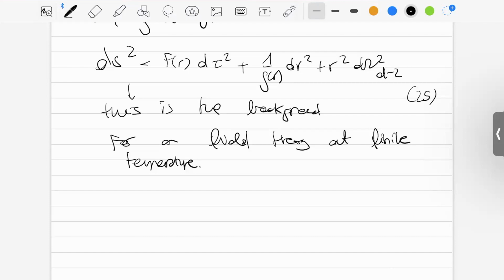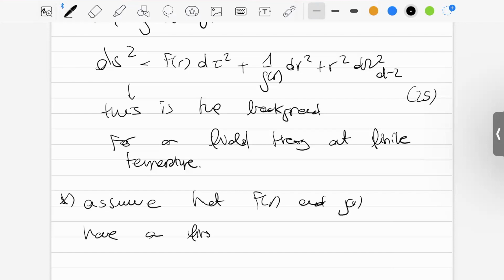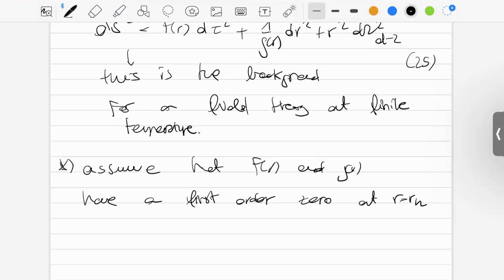We also assume that both f and g have a first order zero at the position of the horizon.